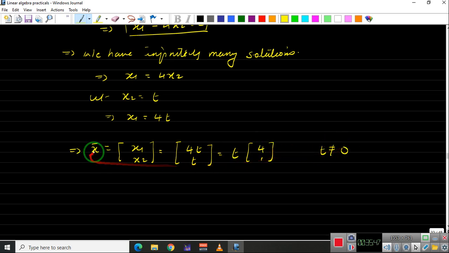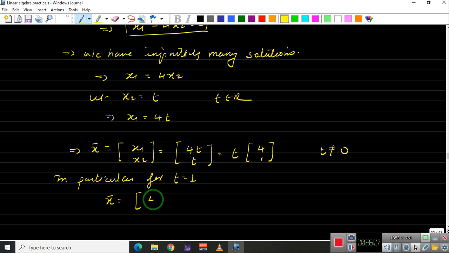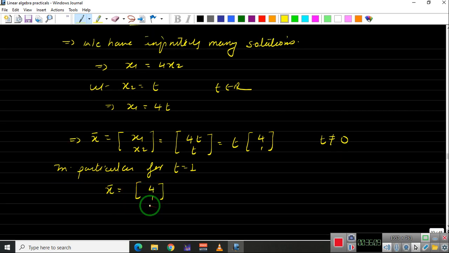If it is 0 then it cannot be an eigenvector. In particular let us take t = 1, though we can take anything, t = 10 also, no problem.